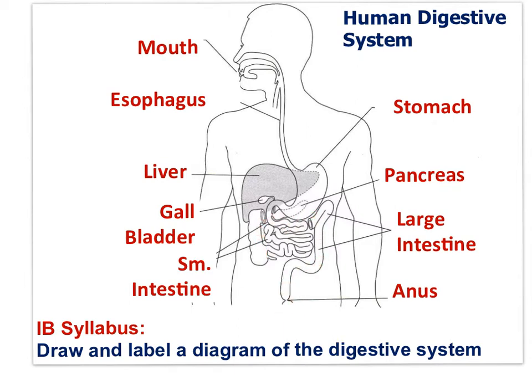The pancreas, seen here, and the liver are associated with digestion. Ducts bring their secretions to the small intestine right here, just below the stomach. The gallbladder, seen here, stores bile, which is manufactured in the liver.